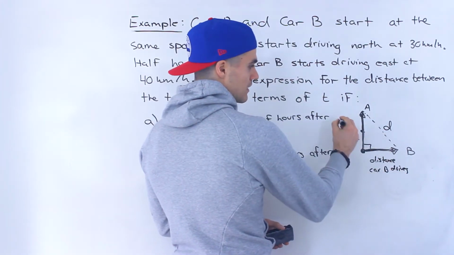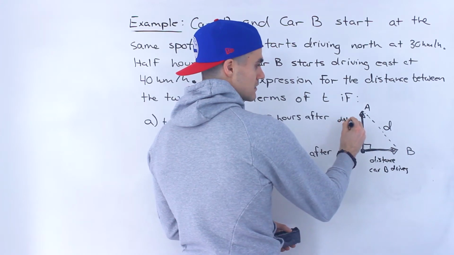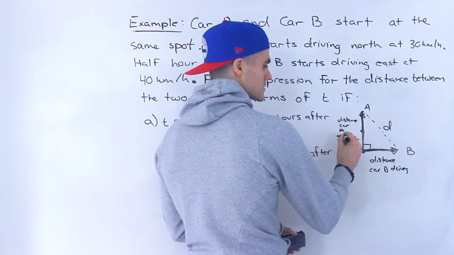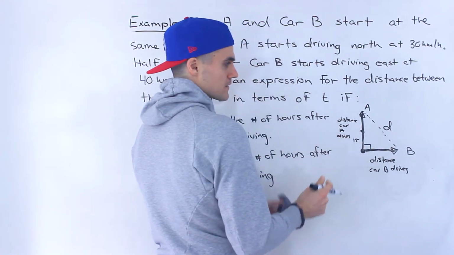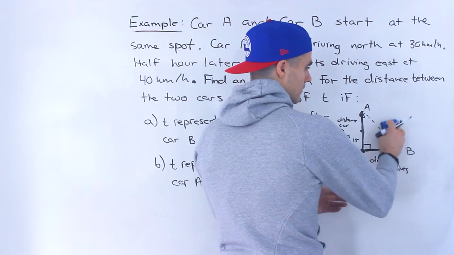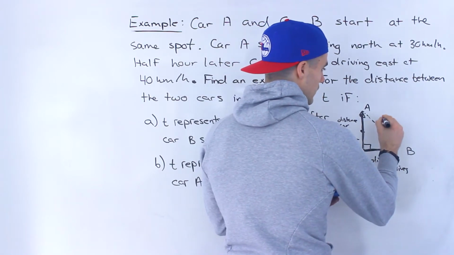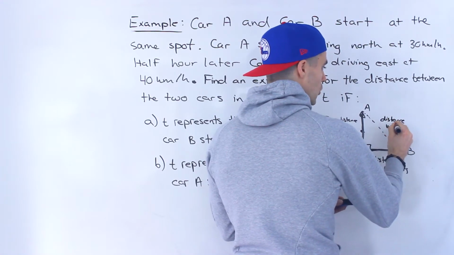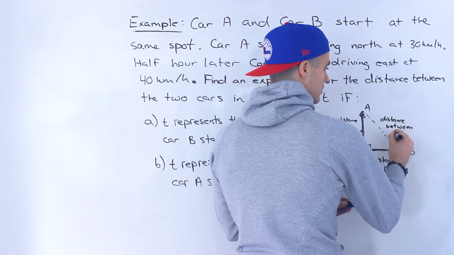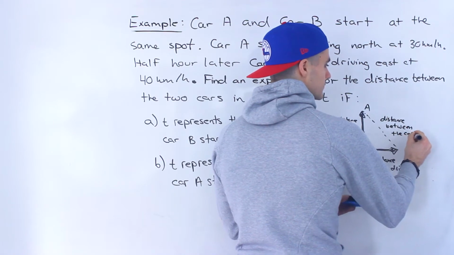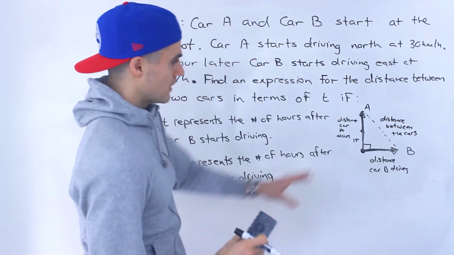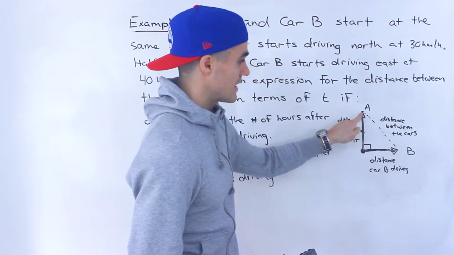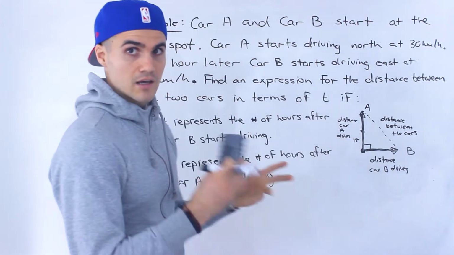And then this here is going to be the distance car A drives, like that. And so this here, I'm just keeping everything in words right now, is going to be the distance between the cars, right? This distance car A drives, this is the distance car B drives, and this here is going to be the distance between the cars.